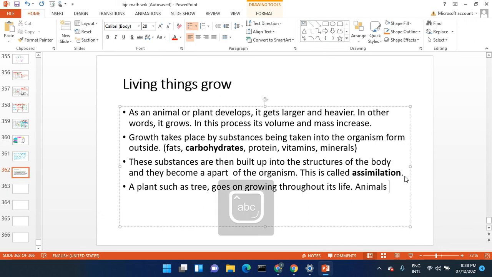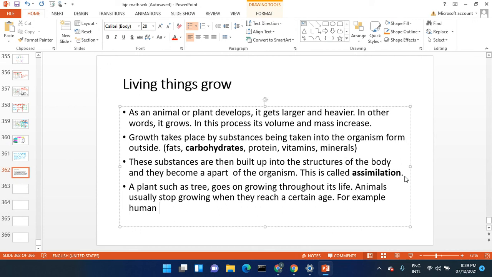Animals usually stop growing when they reach a certain age. When do humans stop growing?